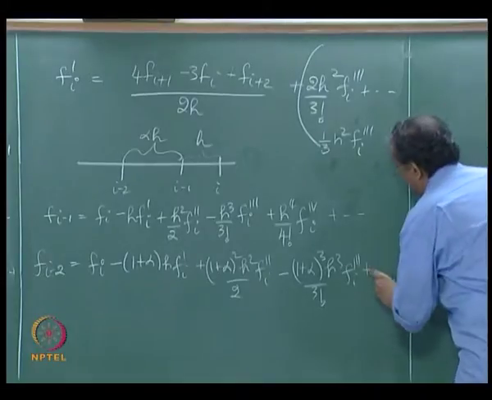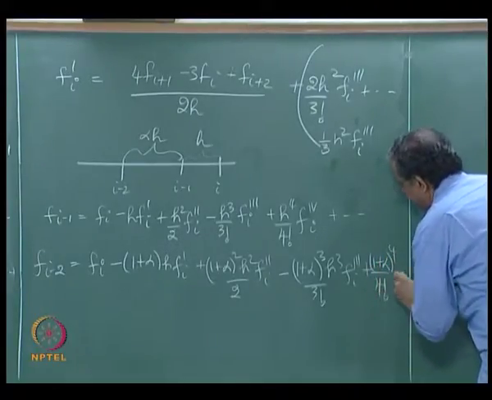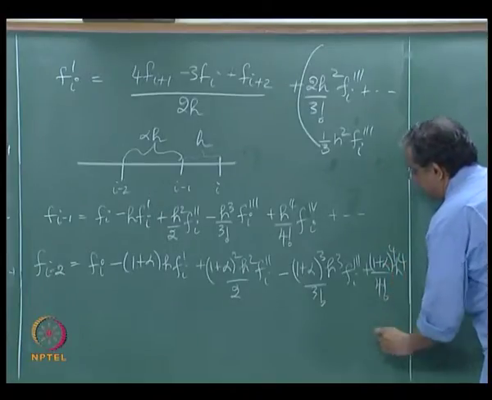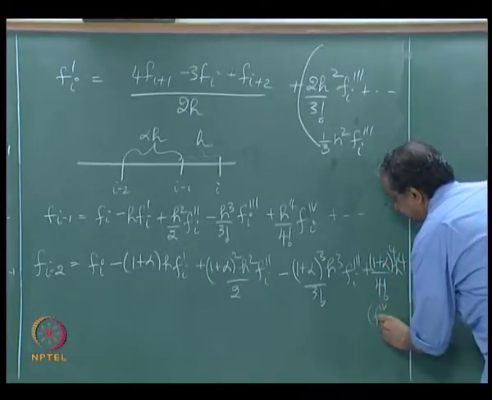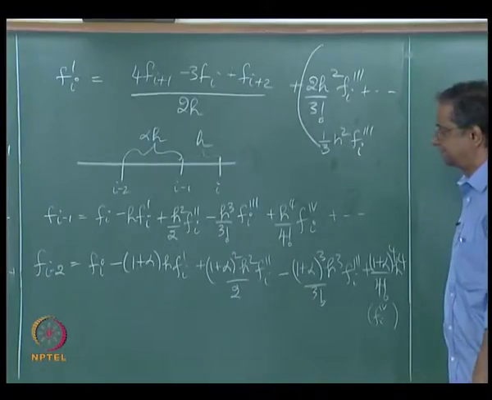Plus so on, 1 plus alpha to the power 4 factorial, h to the 4th, and that will be multiplying the 4th derivative, and you have all the other terms.